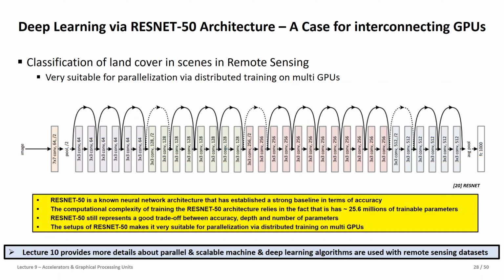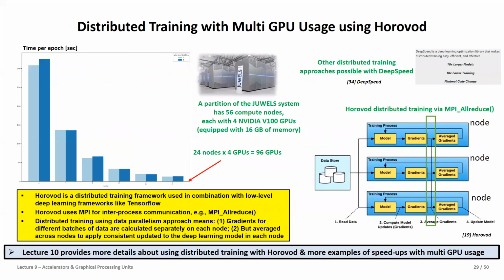There are still lots of different parameters you have to tune. There are hyperparameters like which optimizer to use, things which we'll learn later in lecture 10. And as such, you would not run it once, right? You would run it many times to really find out the good parameters. With this, you need more and more of these GPUs in parallel. In order to do this, you can leverage HPC.